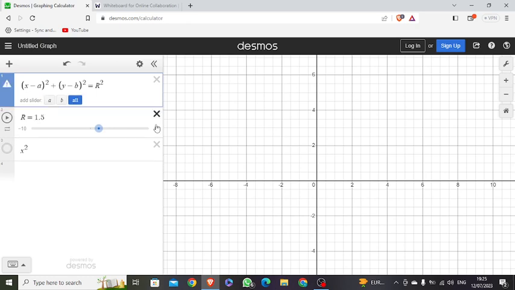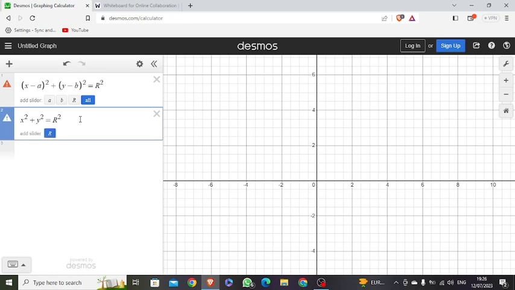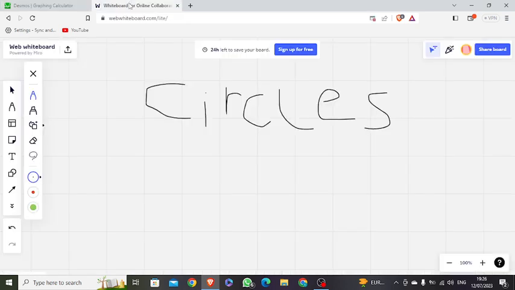Now, the first thing we can do is go back to a simpler version. x squared plus y squared equals r squared. We'll keep it capital R. And now this is called an implicit function, and I would like you to write that down.